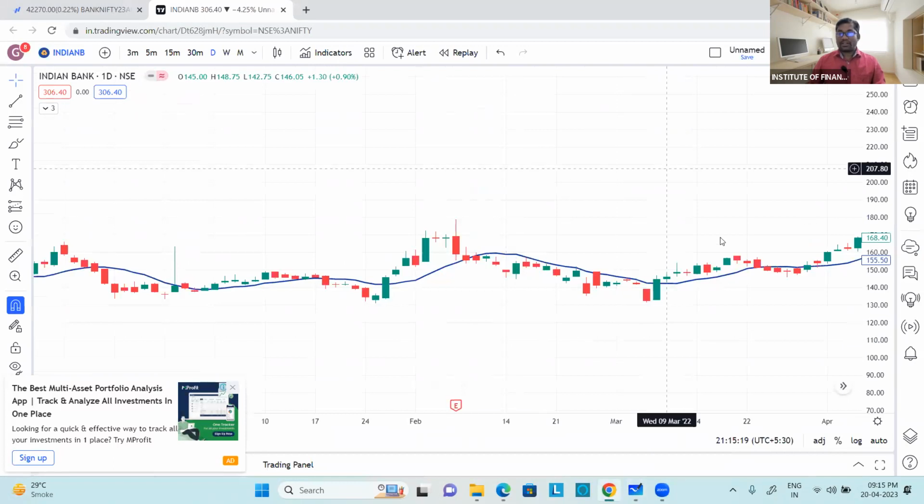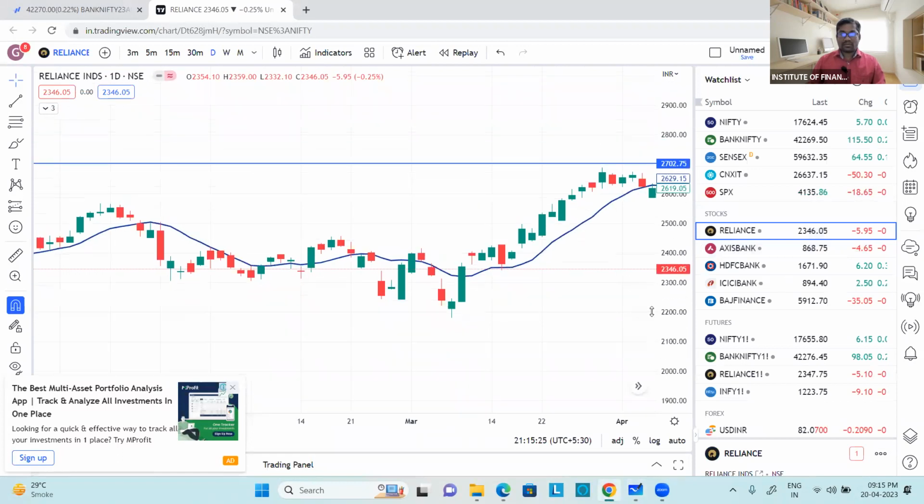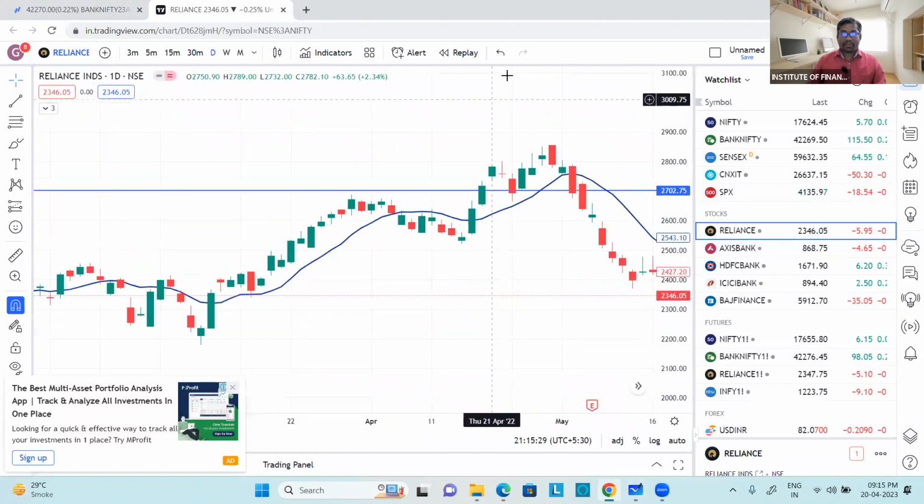Let us see this. See this kind of pattern. Bullish abandoned baby. Bullish abandoned baby.